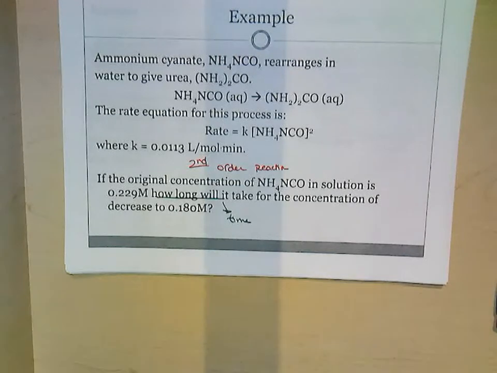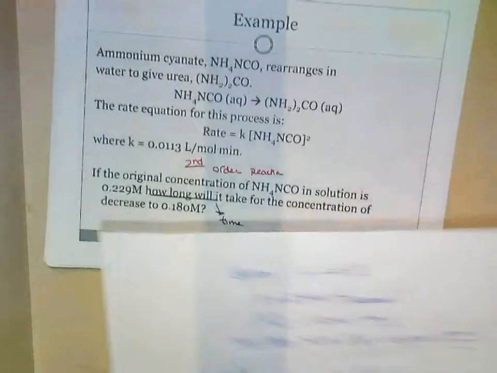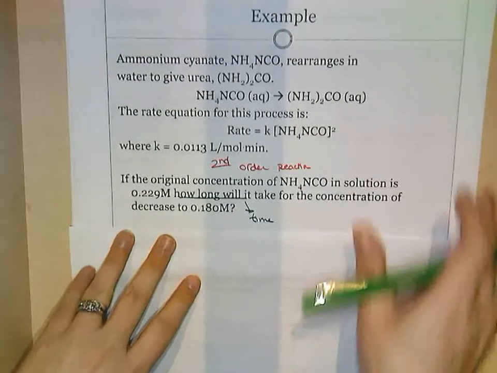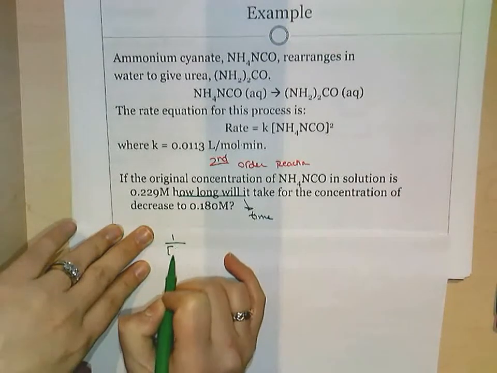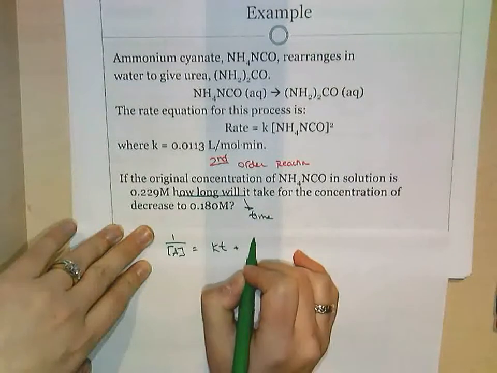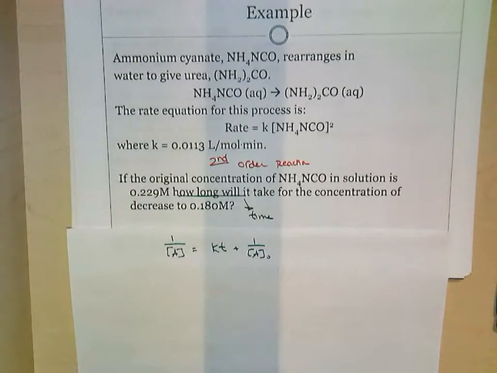So we have our second order rate equation. Use a piece of paper I haven't already used yet. There we go. So our second order rate equation, which we just had, is 1 over A equals KT plus 1 over A0.